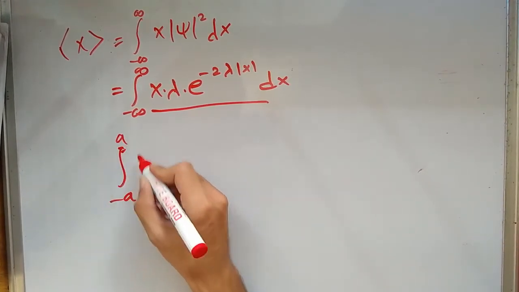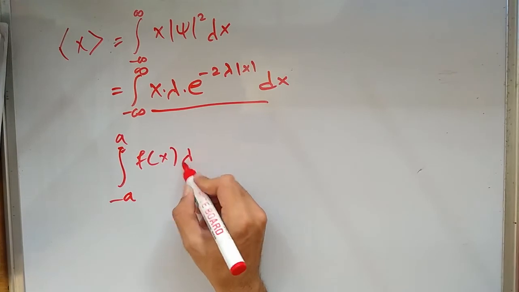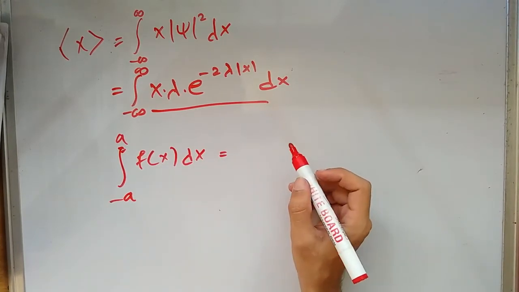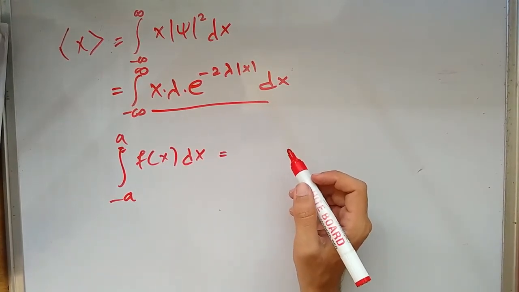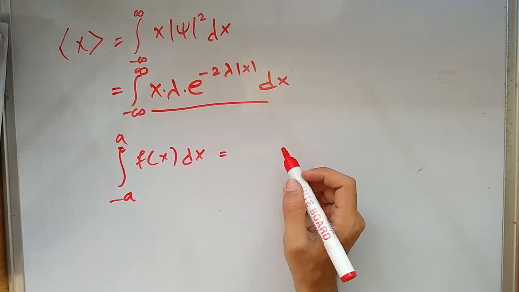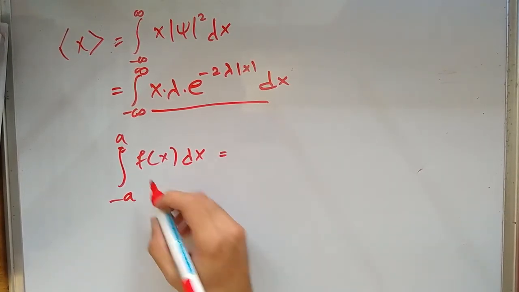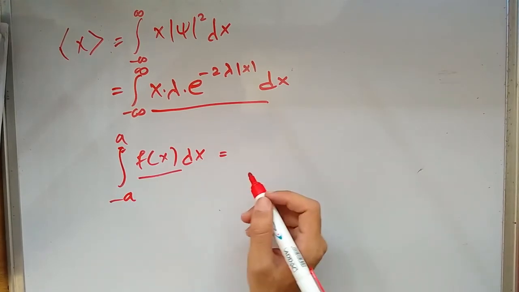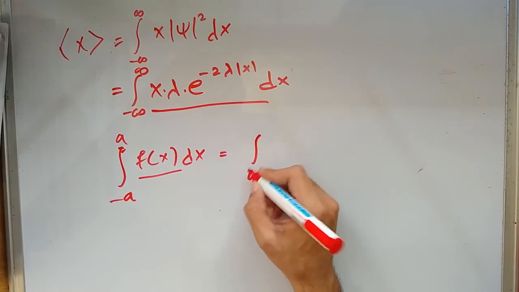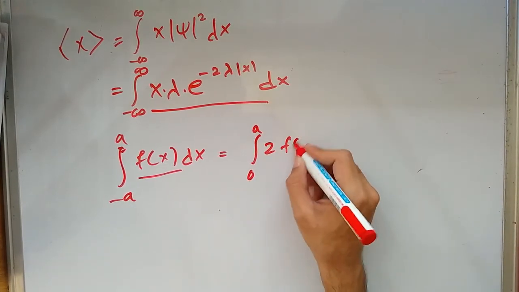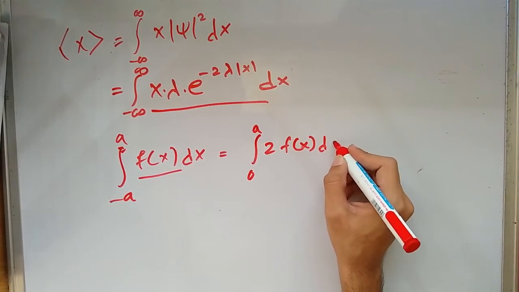minus a to a f of x dx: if f of x is an even function, we will directly write it as 0 to a, 2 into f of x dx.